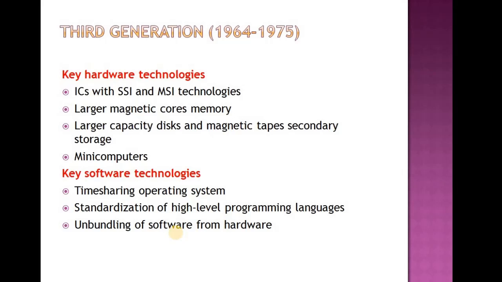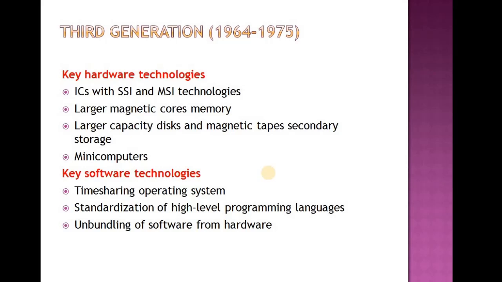Because of this, it was easy for customers, organizations and software developers to use it, and they could come up with new applications or design new software. These are some of the important hardware and software advancements that took place in the third generation.